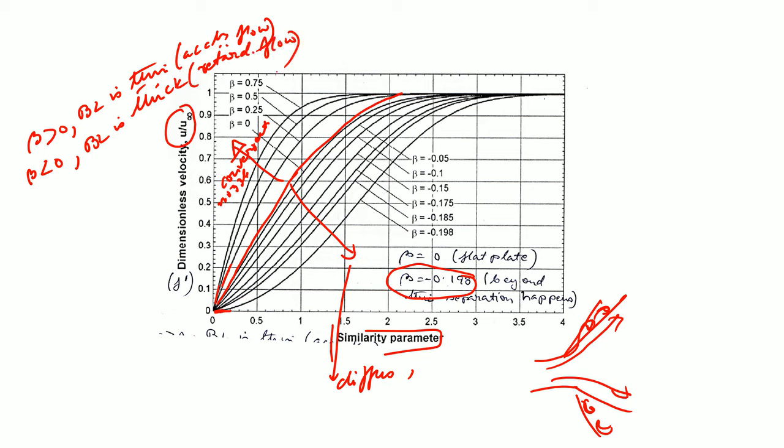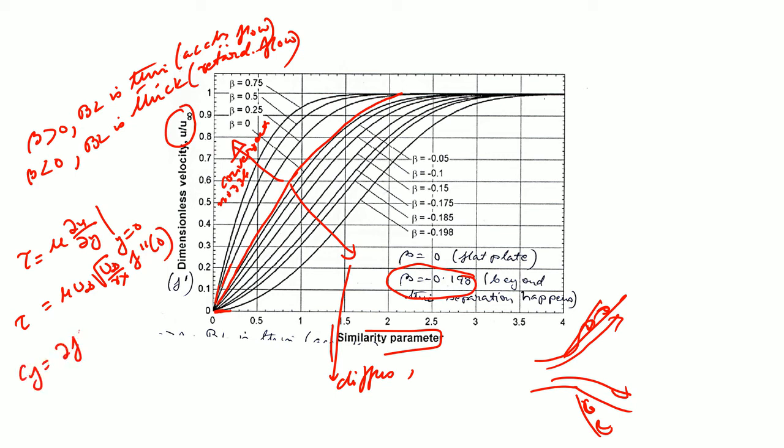Tau is basically given as mu du/dy at y equal to 0, which translates to tau is equal to mu U infinity by x times f'' at 0. So, therefore, Cf should become f''(0) into Reynolds number to the power of minus half.